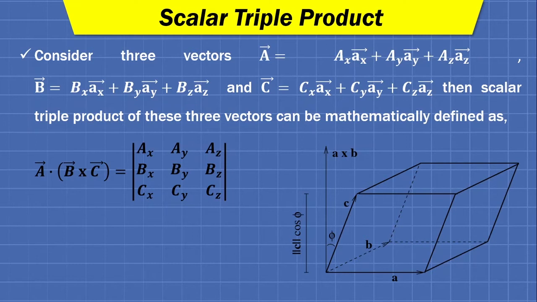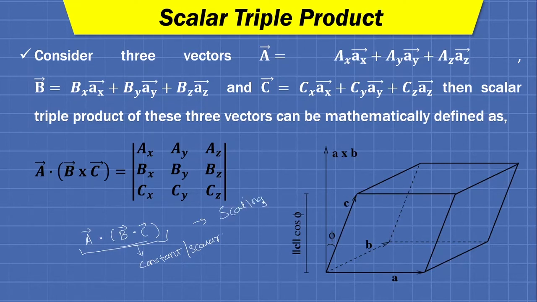Now this is the scalar triple product, but we cannot write it as a bar dot b bar dot c bar, because that is not a triple product: b bar dot c bar will give you a constant, or a scalar, and if we multiply any constant with a vector, it is scaling, not a dot product.